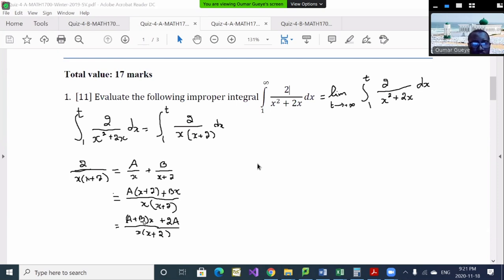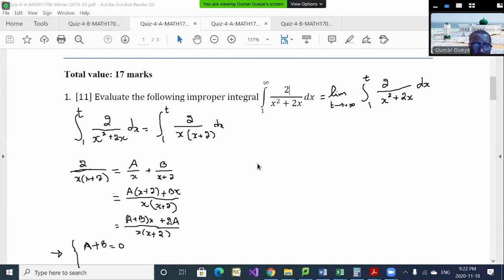You guys can see the coefficient of x on the right is A plus B, and on the left there is no x, which means its coefficient is 0. So to get this equality valid, A plus B should be equal to 0, because the coefficient of x here is A plus B, and on the left the coefficient of x is 0 because there is no x.